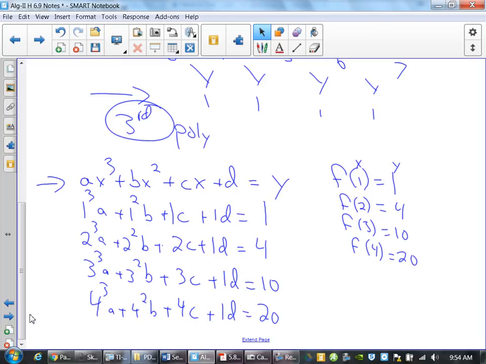Here we can create a 4x4 matrix by going to your alpha window and creating a 4x4 and putting in your coefficients, just like you did with quadratic.